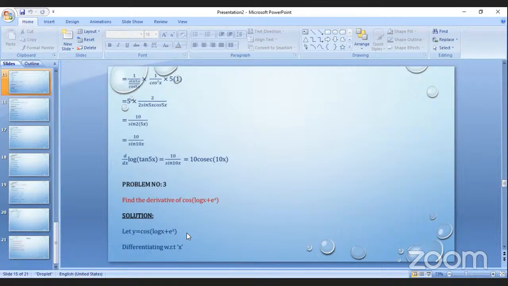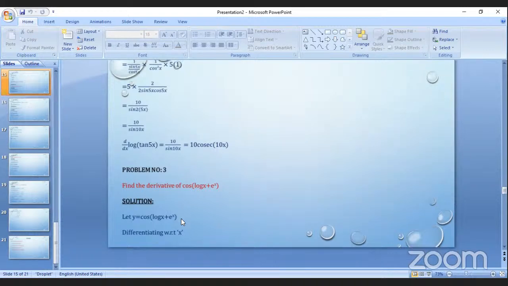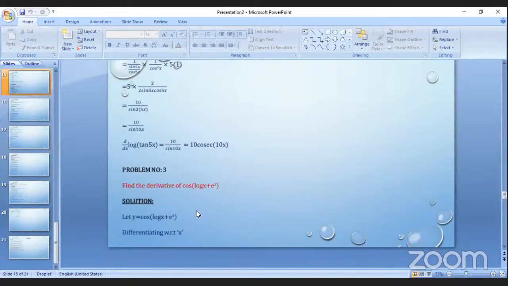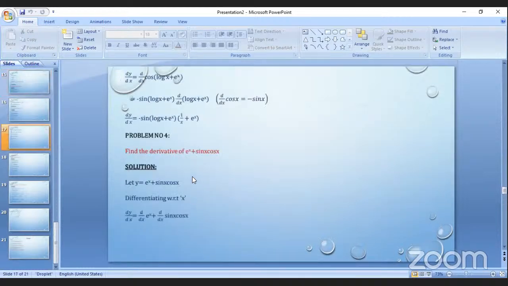Differentiating with respect to x, dy by dx is the derivative of cos of log x plus e power x, where the derivative symbol with respect to x is d by dx.